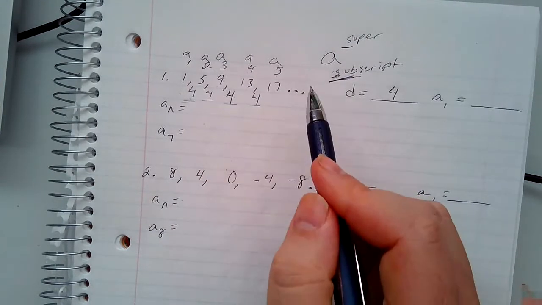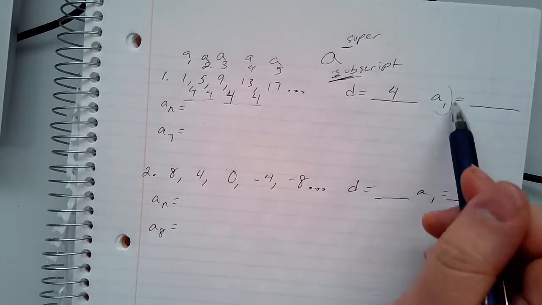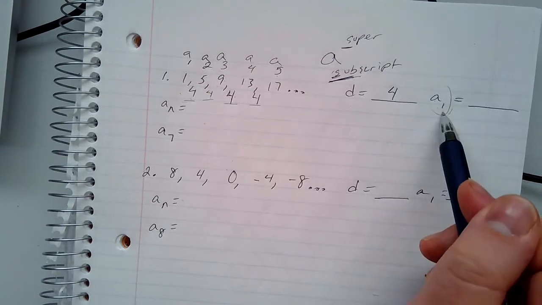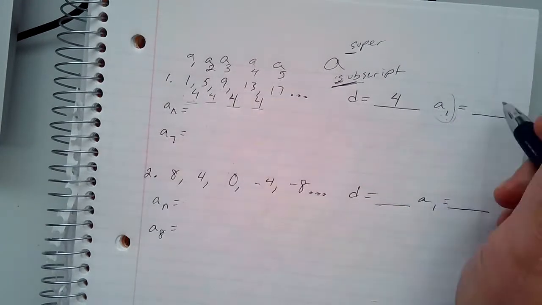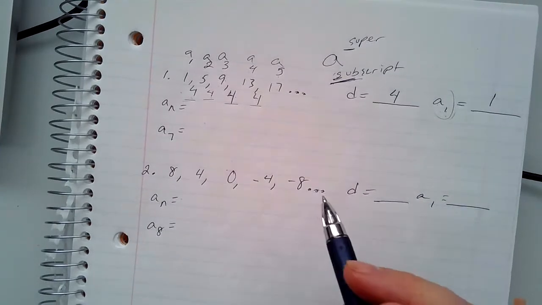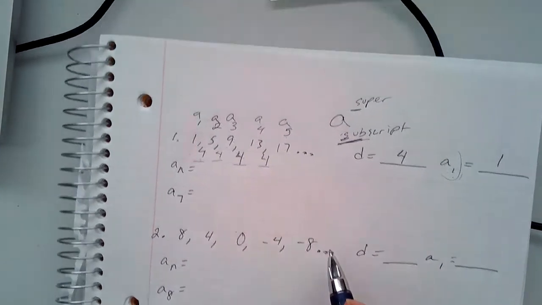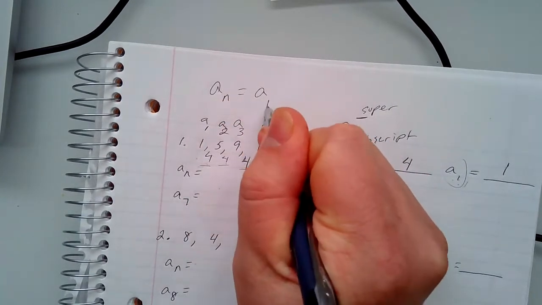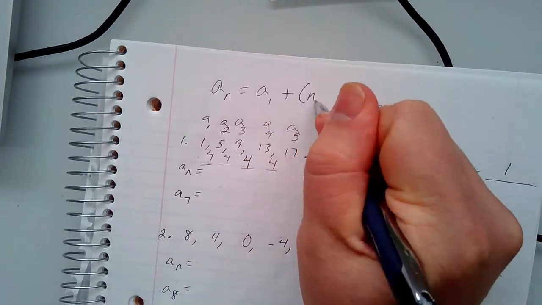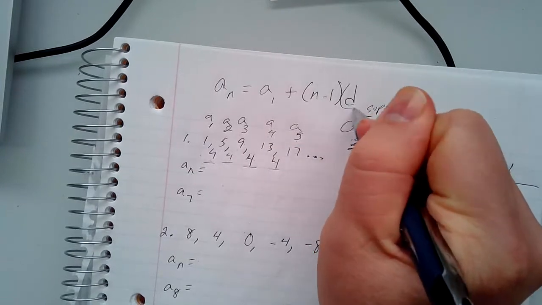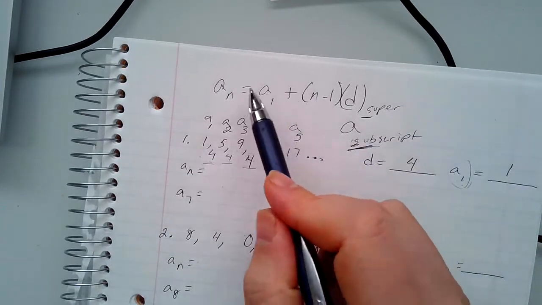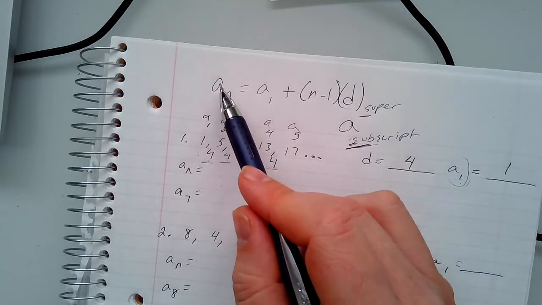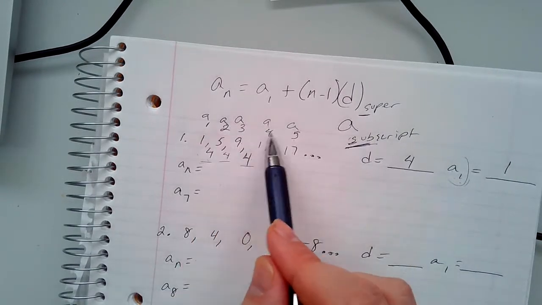Okay, all right. So now it's saying what is a sub 1, or what is the first term? The first term is 1. Great. Now we're going to use our equation, and before on here I had the equation as a sub n is equal to a sub 1 plus n minus 1 times d. Remember, a sub n is just a term that means any one of these.